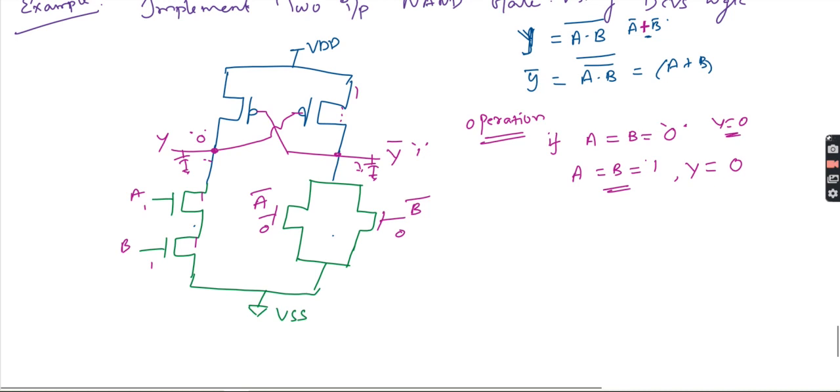So keep it in your mind always. So this will be A, B, this side is the Y function, and this will be the Y bar function.